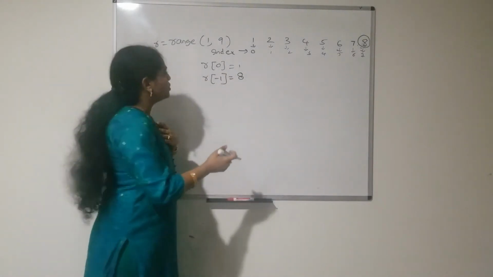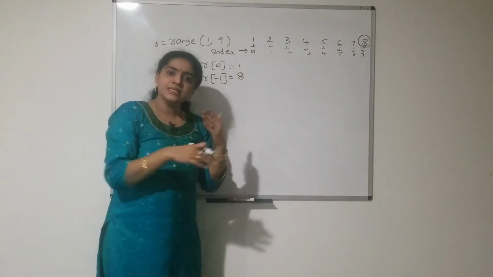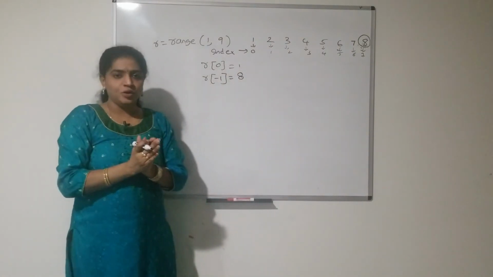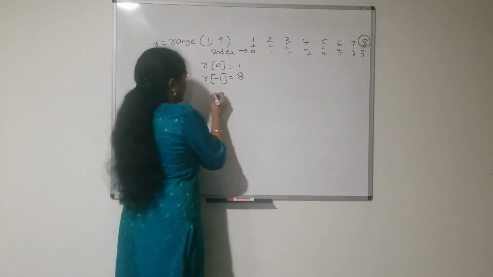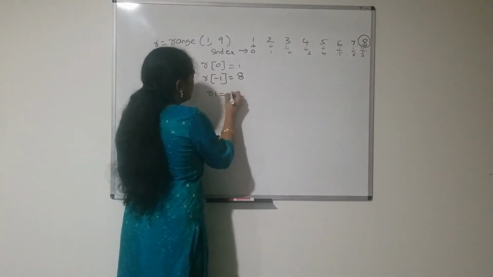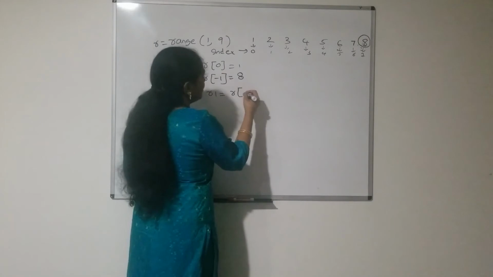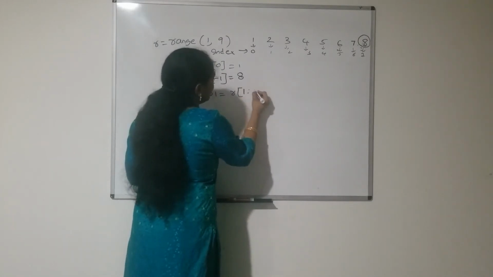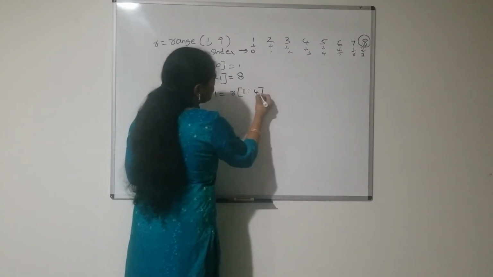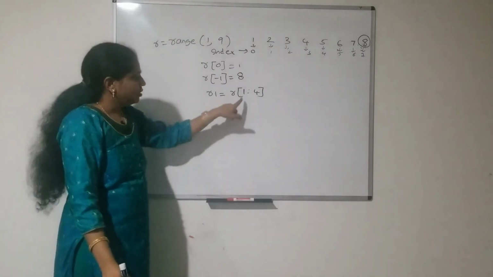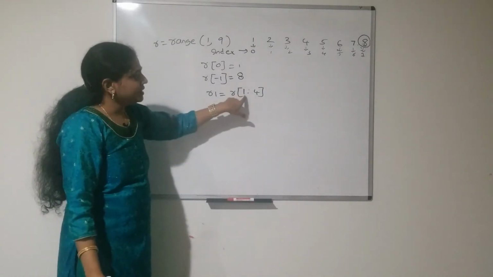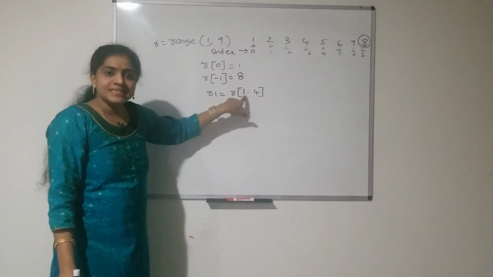Suppose if indexing is allowed, means slicing operation also allowed, right? Suppose here, R1 is equal to R of 1 colon 4. If you are using it like this, it represents a slicing operation.